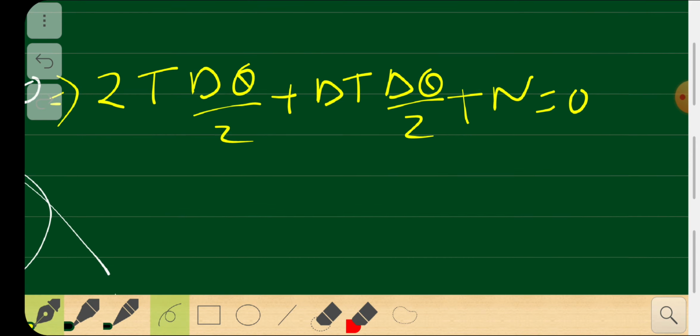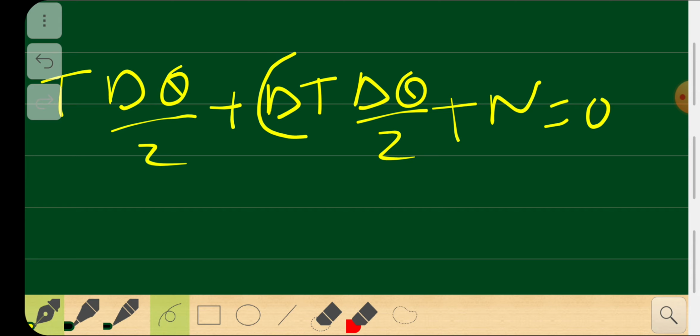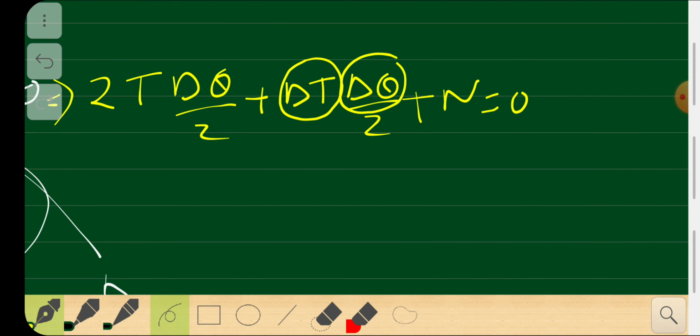Now this delta T is very small and delta theta is also small, right? If you multiply them both, you will get something very, very small, so you can ignore that part. Let's assume it's approximately 0.